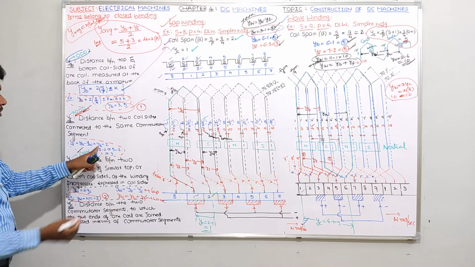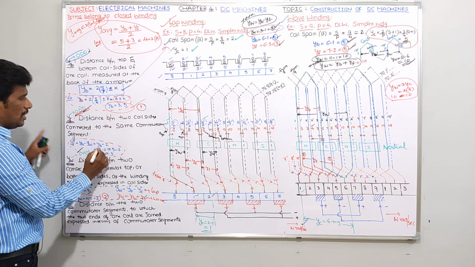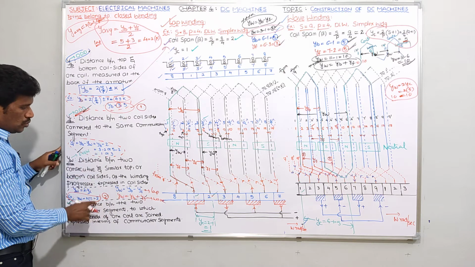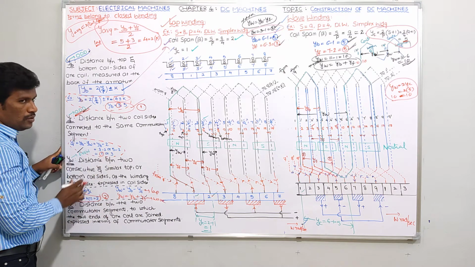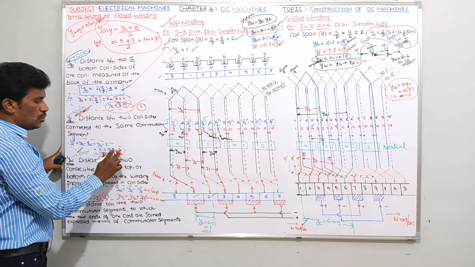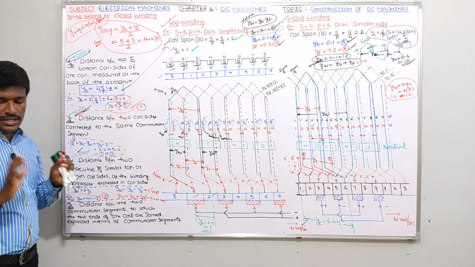So for YB, if you take here 3 and 5, 2 values are there. 3, if I take the first value 3, 3 minus YW value, how much are you getting here? 2. 3 minus 2, 1 is the value. Or if you take 5 minus YW value 2, you are getting 3. Okay, yeah. So now please let me conclude.